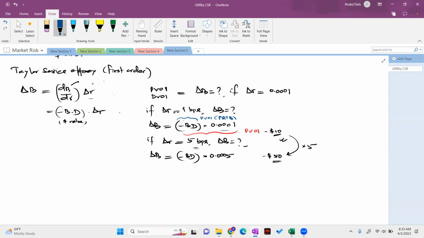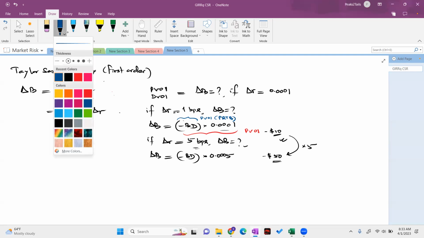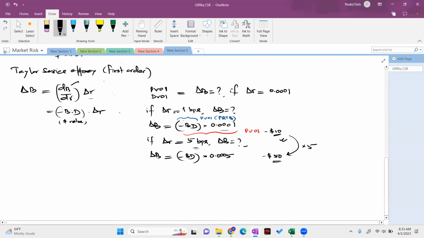If you define this as the PV01, my calculations will change, but the answer will be the same. So going forward, when we say PV01, in FRTB at least, we mean minus BD.